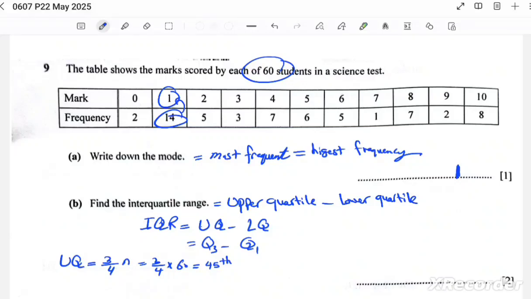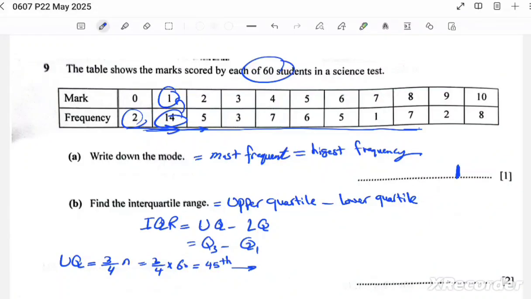Okay, so where exactly is this 45th? Here we have the first 2. If you add 14, here the first 16. If you add 5, here is 21. So you should add until you reach the 45th.